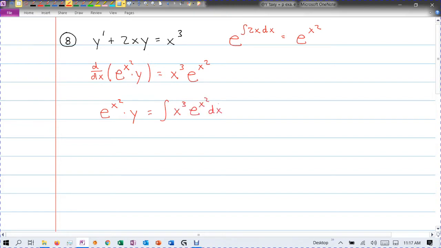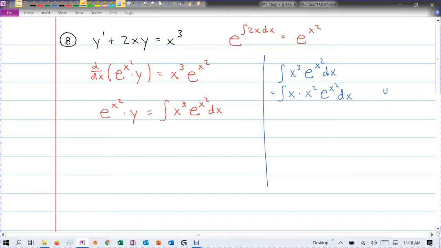All right, this problem is going to be a little bit tricky. Not too bad, but we're trying to figure out what the integral of x³ e^(x²) dx is. We're going to make an interesting observation here that this could be rewritten as x times x² e^(x²) dx.